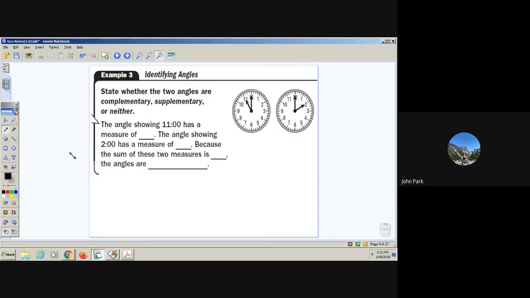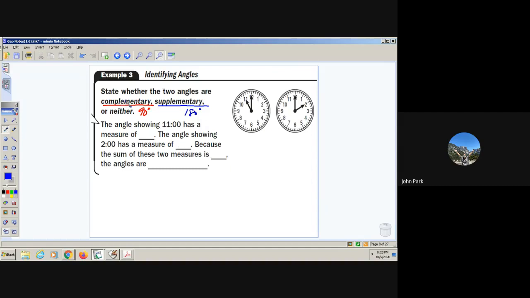So then here, we're looking at the idea of complementary and supplementary, right? To look at a clock here, right? So again, complementary, if you remember, they add up to 90 degrees. And supplementary, if you remember, adds up to 180 degrees, right?